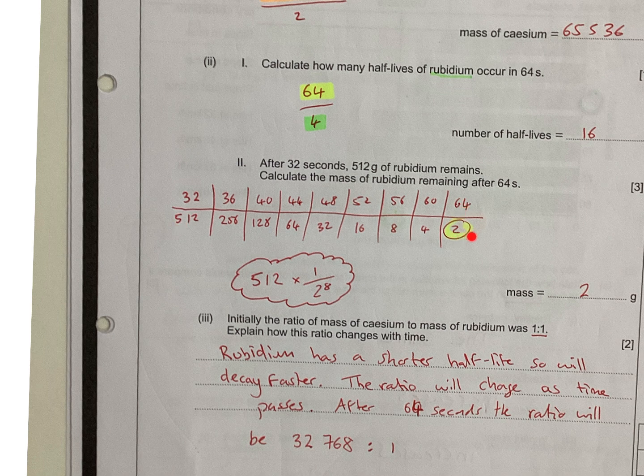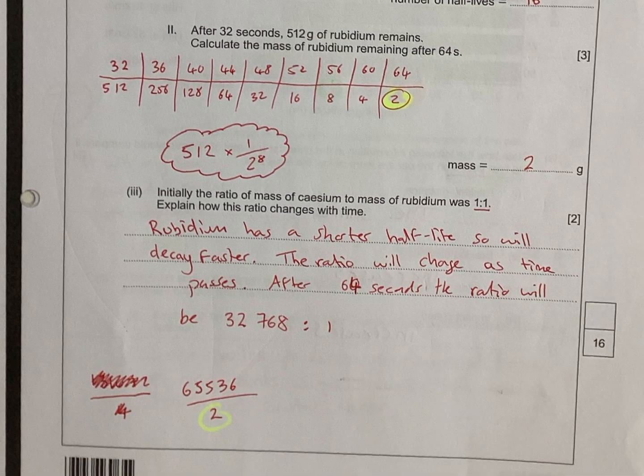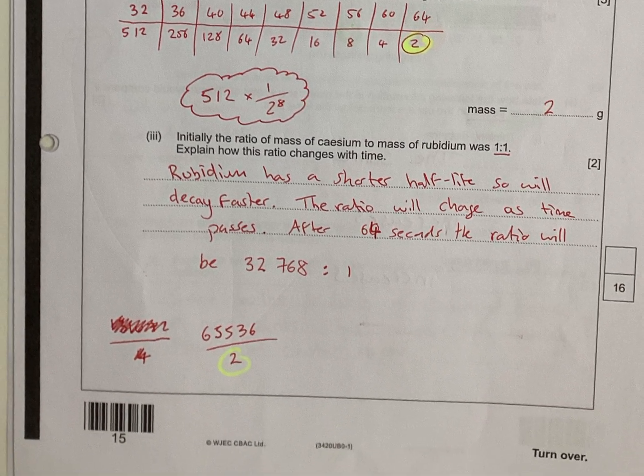I'm halving each time on the bottom. I guess the biggest mistake that can be made here is that you would start with 0 there, as you've been taught, but this is a problem solver after 32 seconds. So after 32 seconds, the mass is that, okay? There is another way you could do it mathematically, but I'm not going to go into that in the video, so you can come and see me about that if you need.